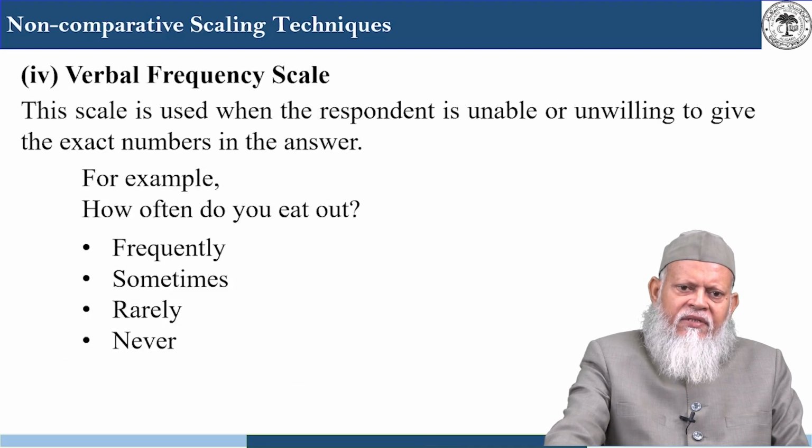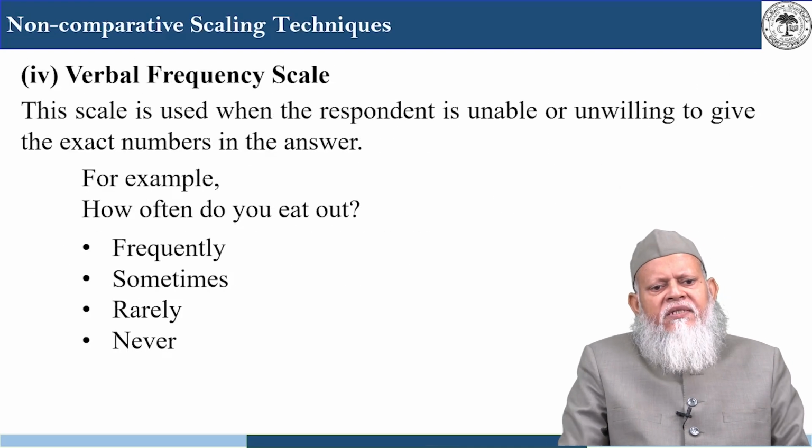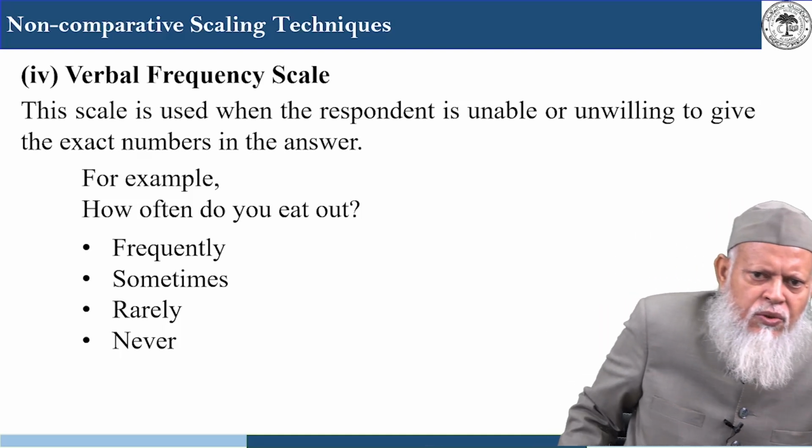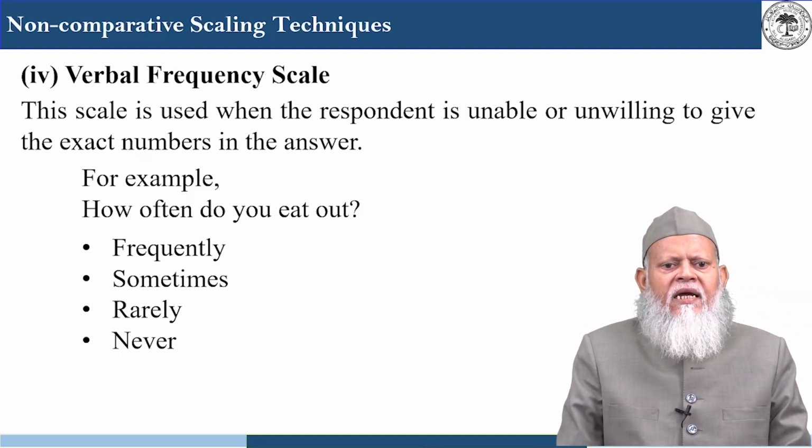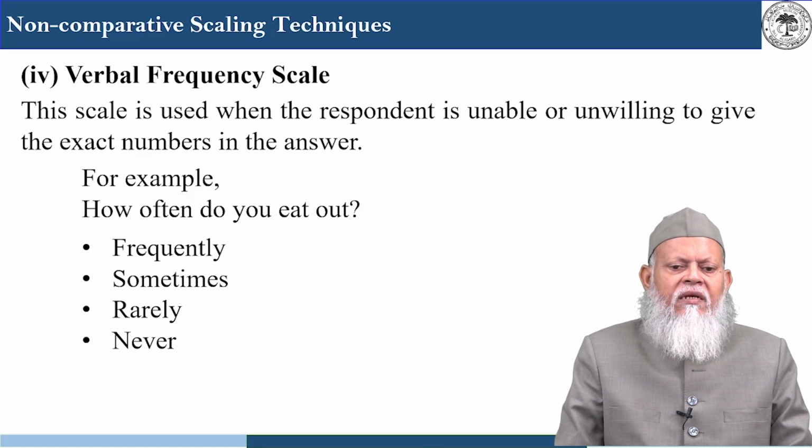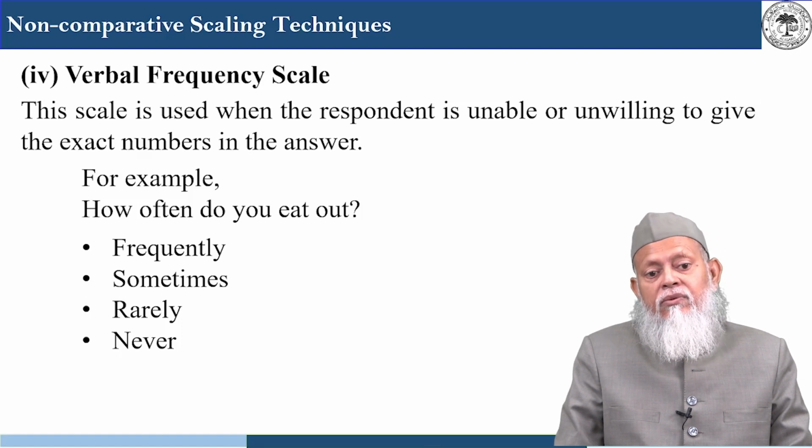Then we have the verbal frequency scale. This scale is used when the respondent is unable or unwilling to give the exact numbers in the answer. For example, how often do you eat out? He is not able to give once a month, once a week. So we have given him the escape route.